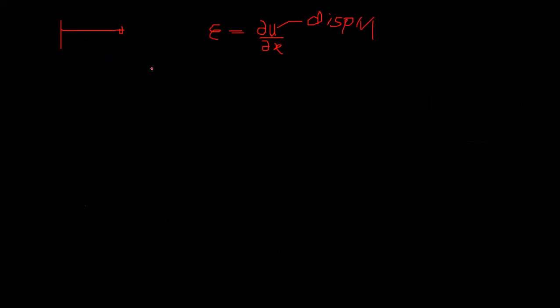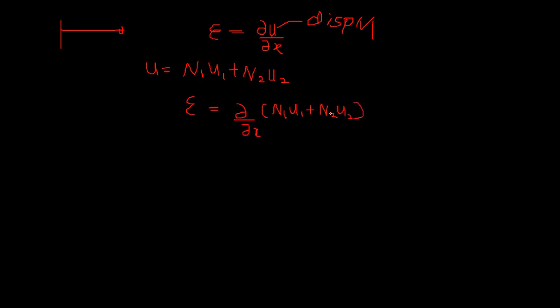So the displacement function you found is N1 into U1 plus N2 into U2, right? So this is going to be strain, ∂/∂x of N1 U1 plus N2 U2, right?